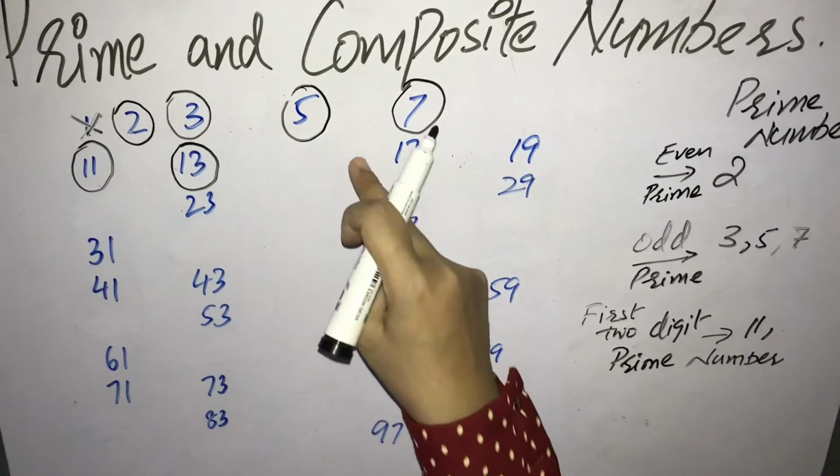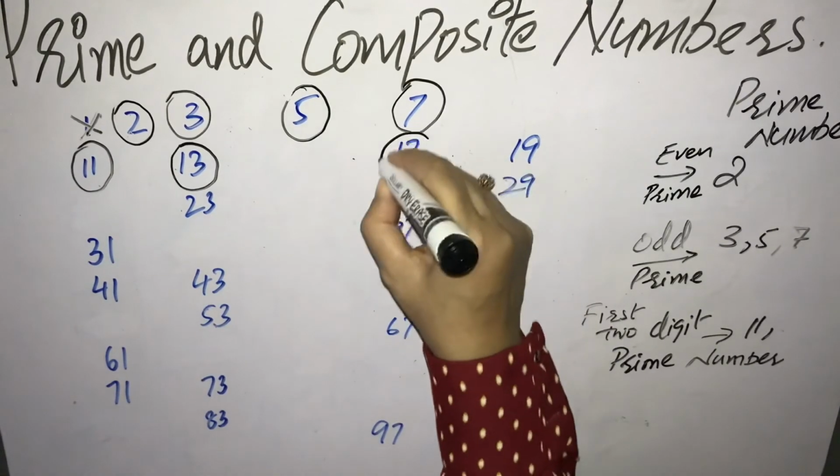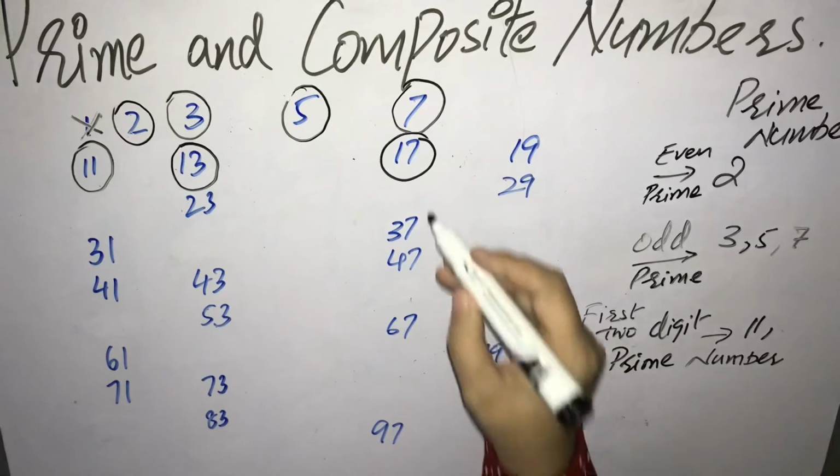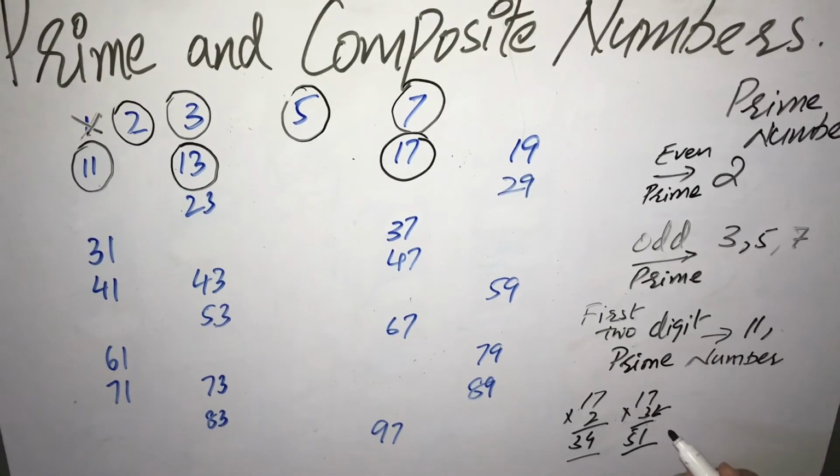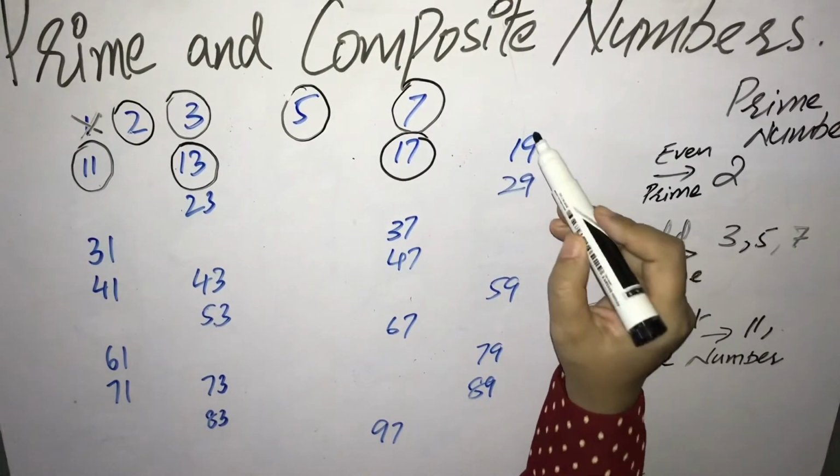After 15 we come to 16, even. 17 is the next prime. 17 twos are 34, already erased, even number. 17 threes are 51, erased, it was also a multiple of 3. 17 fours are even number. 17 fives are 85, multiple of 5. Now we skip 18, come to 19.